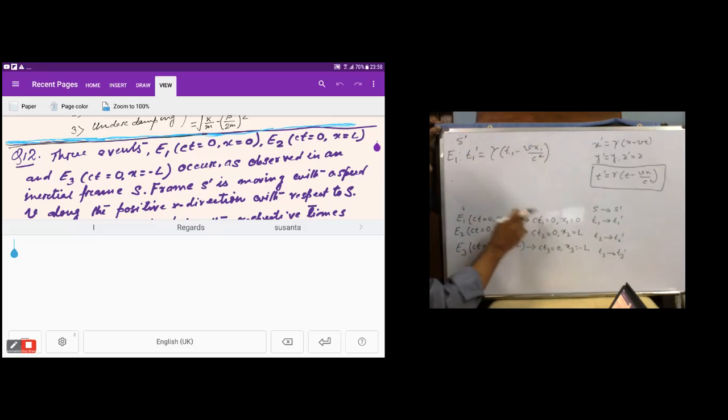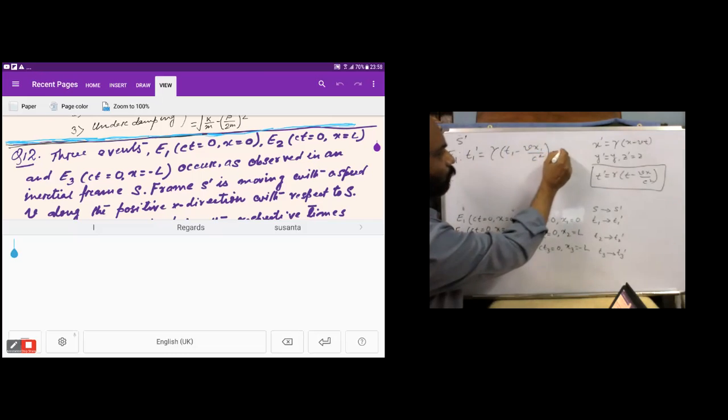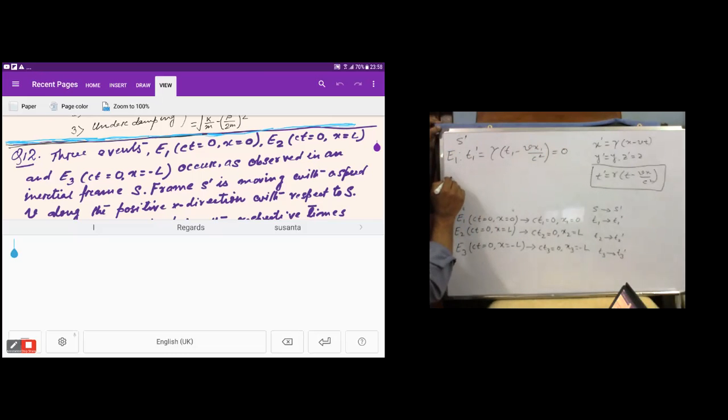My T1 is 0, X1 is 0, therefore T1 dash is also 0.